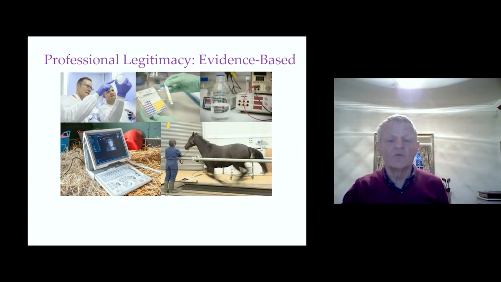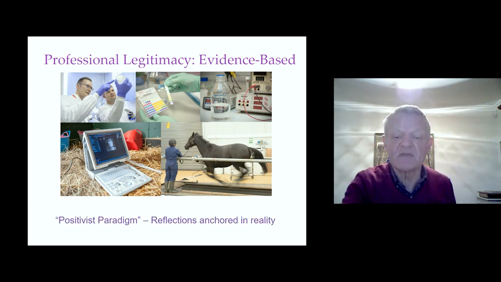All of us would claim legitimacy for our profession based on the fact that it is scientifically evidence-based and offers a service of value to society. For me, working in this positivist paradigm, it is important that our reflections are anchored in what I see as reality.